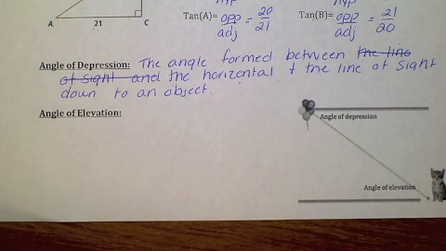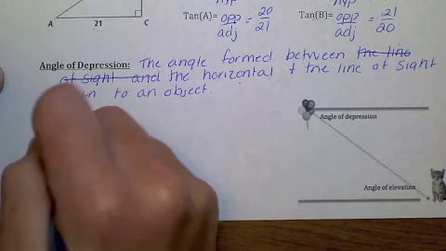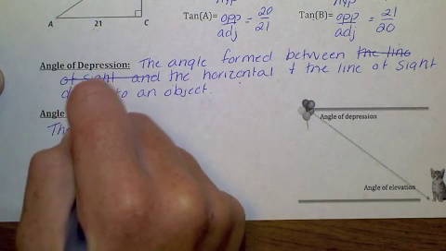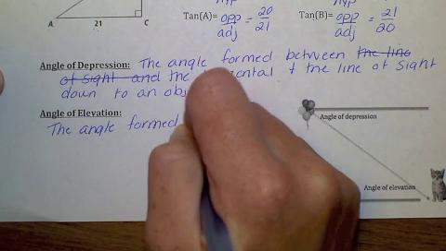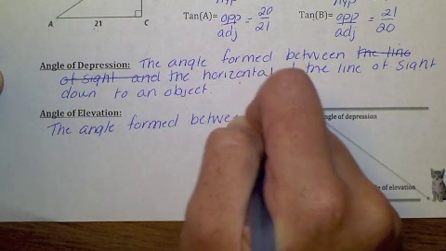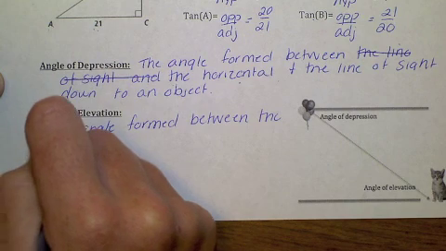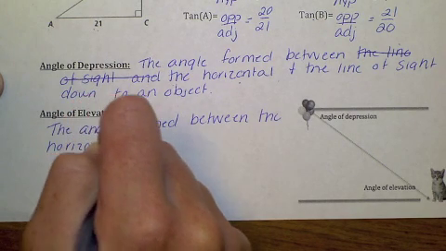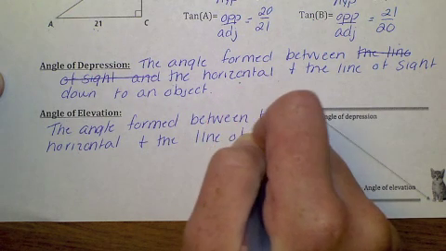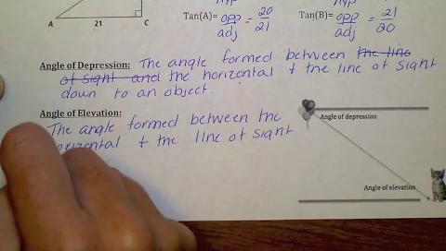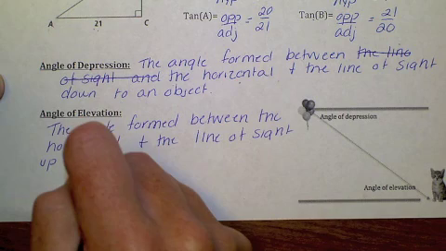An angle of elevation is going to be very similar. It is the angle formed between the horizontal, so there's that horizontal again, and the line of sight up to an object.